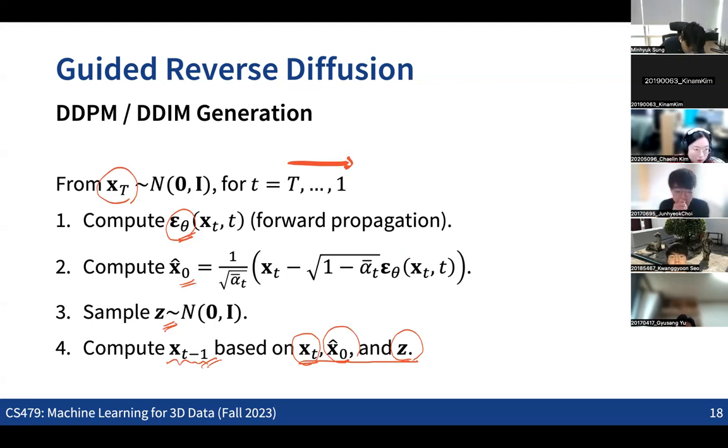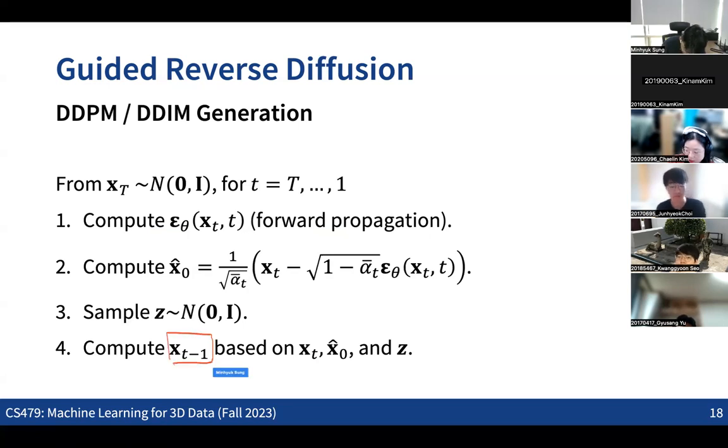For DDIM, if we make this a deterministic step, then we don't need this noise, right? Adding it is what adds the stochasticity. So both for DDPM and DDIM, we compute x_{t-1} based on the current noisy data, the prediction of the final output, which is computed from the noise prediction, and the sample from the unit Gaussian.